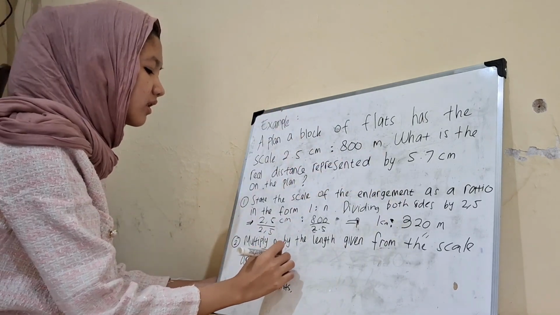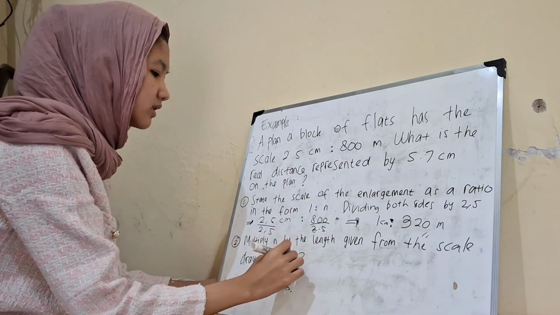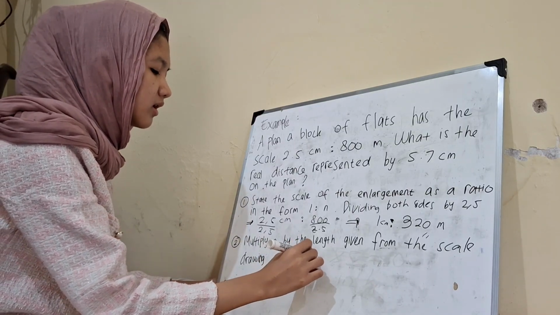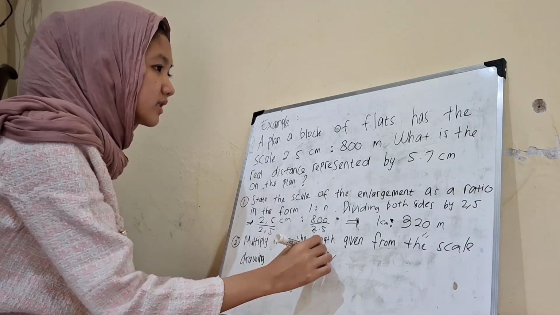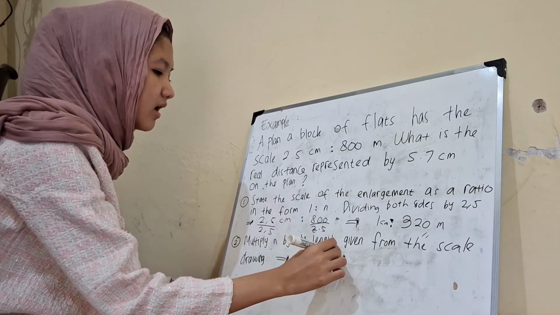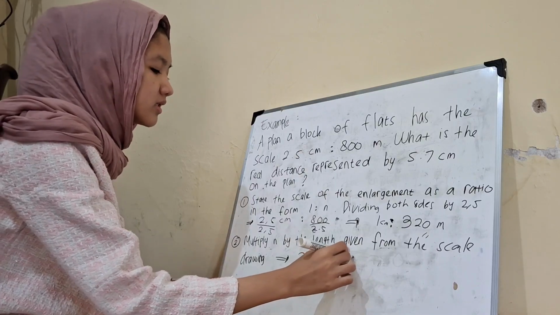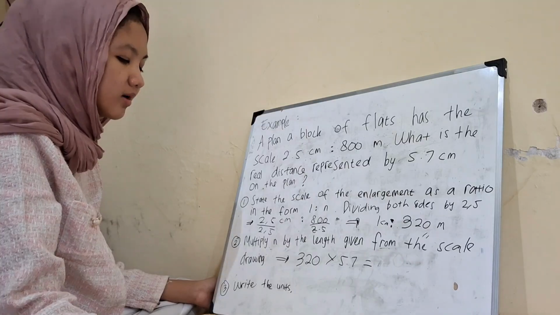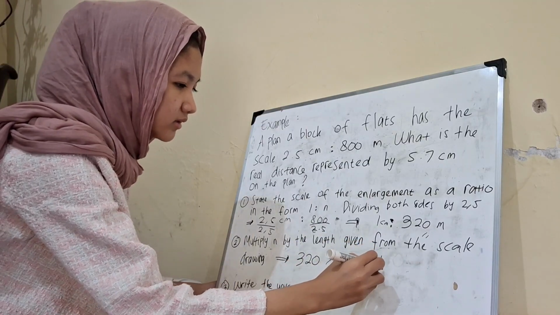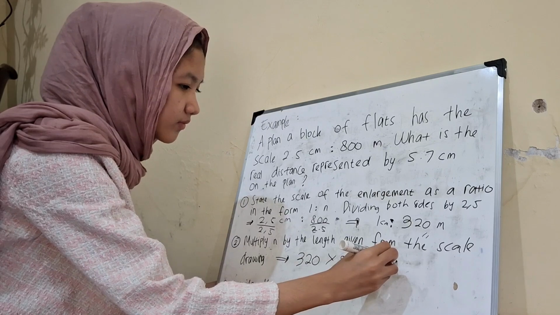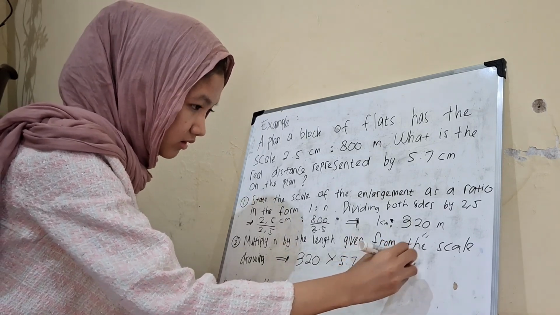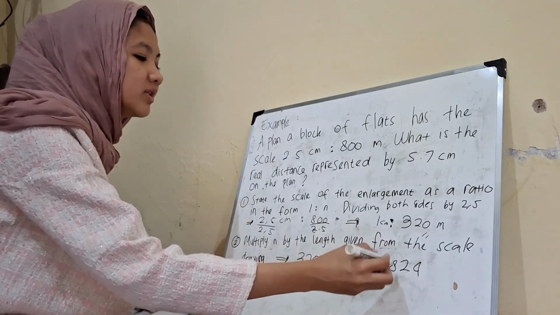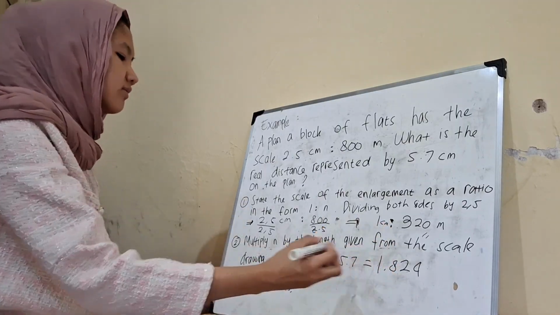So we get 320 times 5.7 is 1824. Step 3.